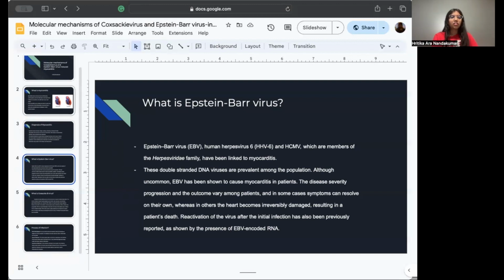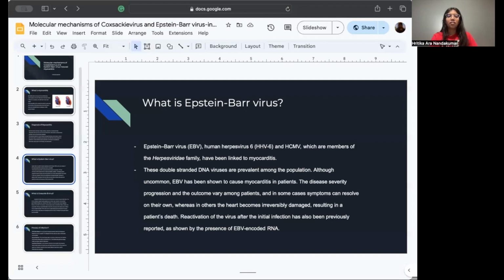An acute case of EBV induced heart inflammation has been previously associated with the presence of lymphocytic infiltrates and a T cell marker, CD45RO. The disease severity, progression, and outcome vary among patients, and in some cases, symptoms can resolve on their own, whereas in others, the heart becomes irreversibly damaged, leading to the patient's death.